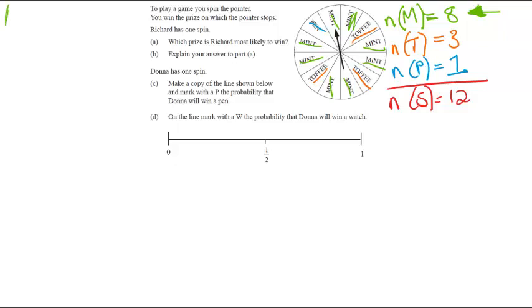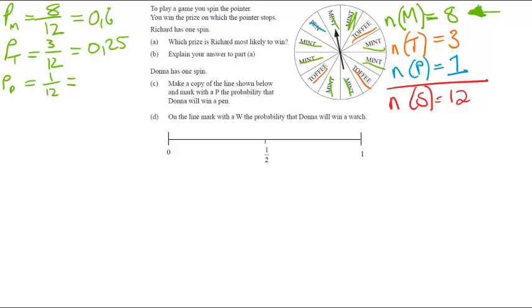Next question, explain your answer to part A. So if I had to do it numerically, I would say the probability of mint happening would be 8 out of 12. The probability of toffee happening would be 3 out of 12, and the probability of a pen happening would be 1 out of 12. So those would simplify to 0.6 recurring as a decimal. 3 over 12 is 0.25 as a decimal, and 1 out of 12 is 0.083 recurring as a decimal.